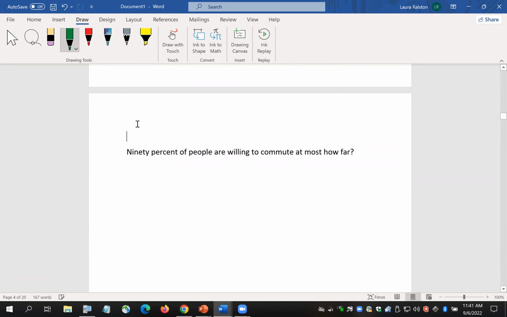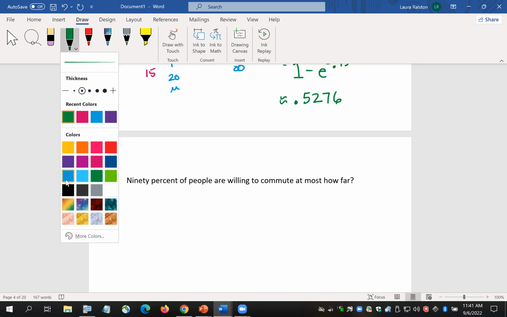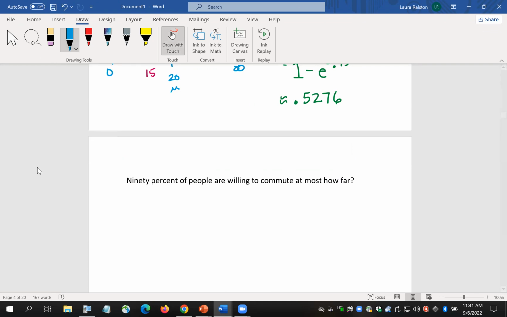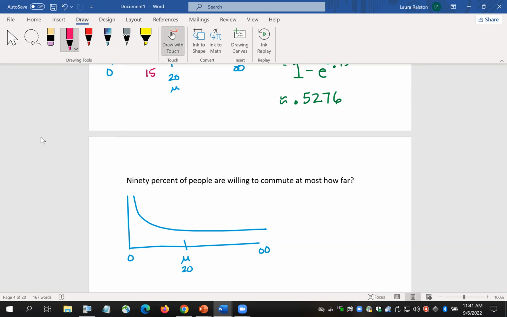Okay, and then we come back to kind of that inverse problem. This one says 90% of people are willing to commute at most how far? So again, if you visualize this, remember the mean is the measure of center, so it's roughly at 50%.